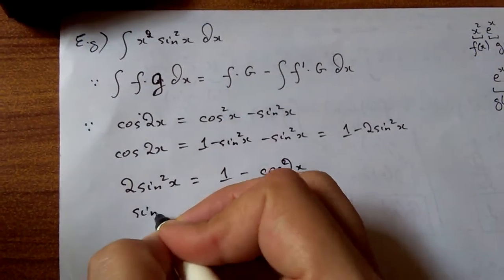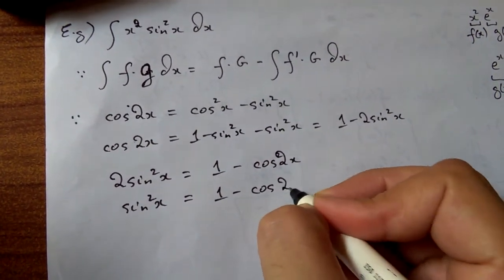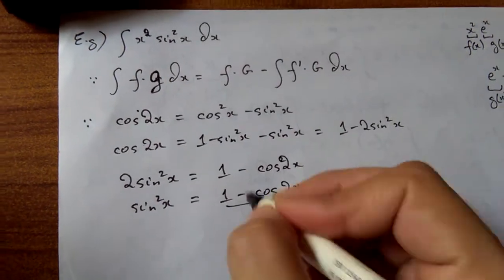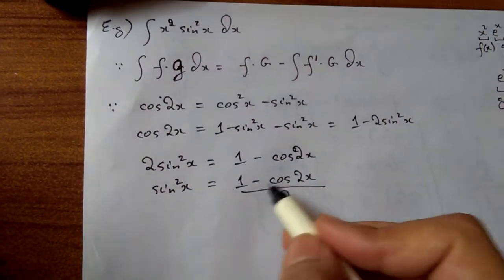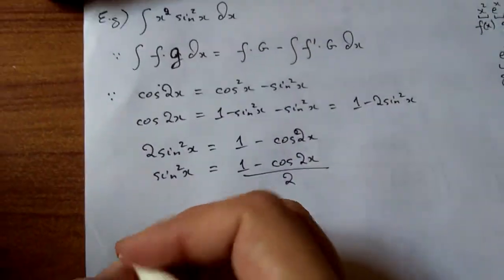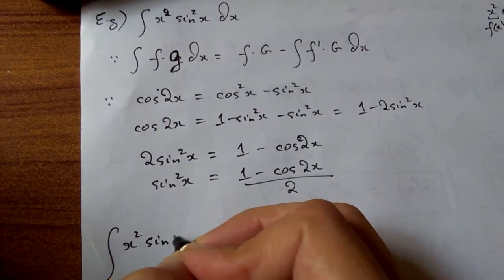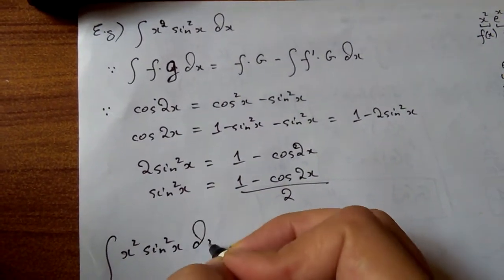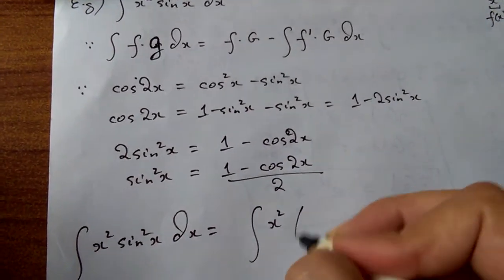If I shift this minus sine square x over here and cos of 2x over here, it should look like this. So sine square x can be expressed as this. How about if I replace my sine square x with this function at this place? Let's see how it looks, and it will become more convenient for us to handle such questions.